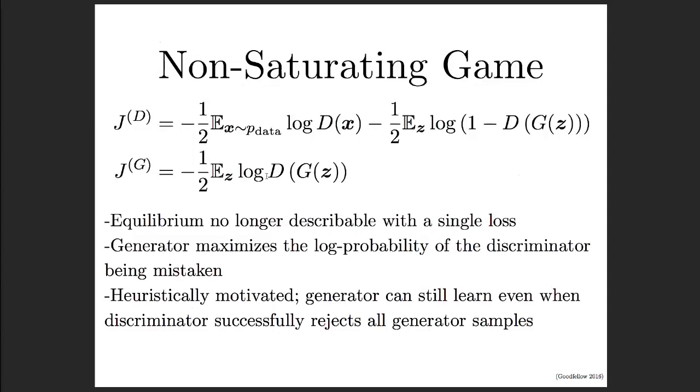In particular, one really big problem with the minimax game is that when the discriminator becomes too smart, the gradient for the generator goes away. One of the really nice properties of the cross-entropy loss function that we use to train sigmoid classifiers and softmax classifiers is that whenever the classifier is making a mistake, whenever it's choosing the wrong class, the gradient is guaranteed to be non-zero.